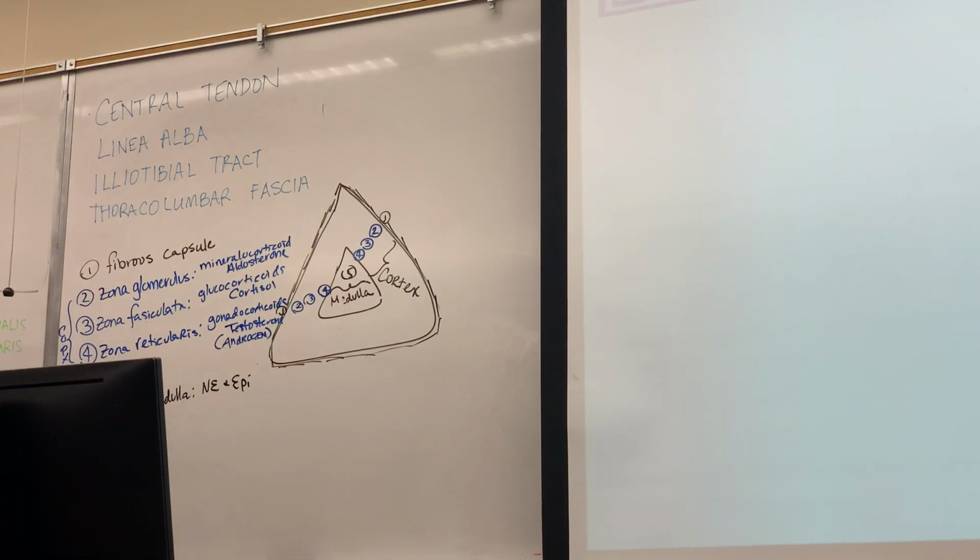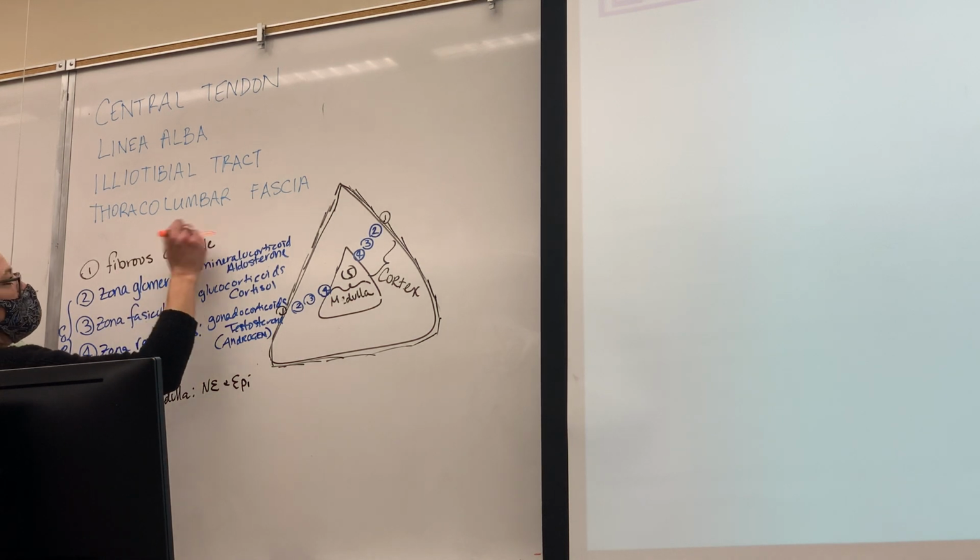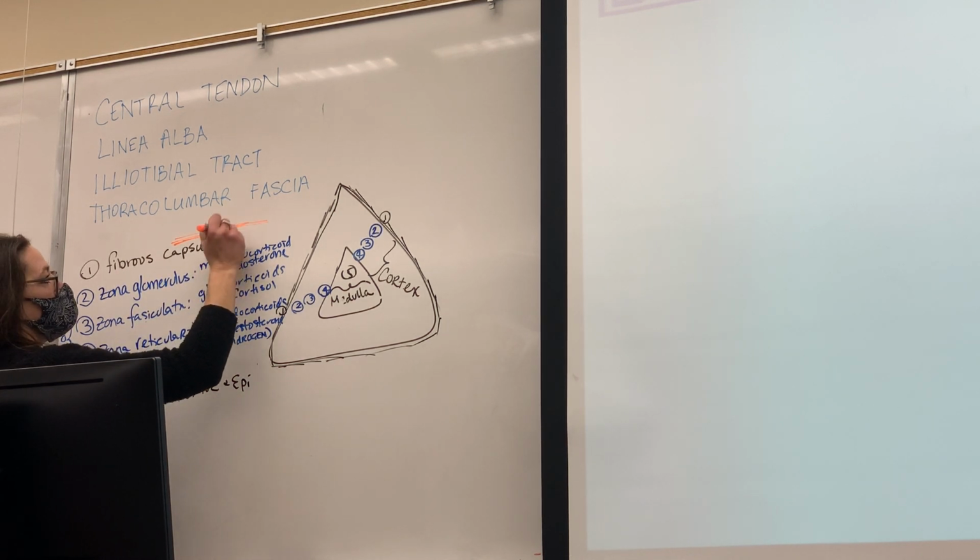Now, when we look at the cortex, okay, zona glomerulosa is going to be a fairly thin layer. So first let's do the fibrous capsule. Fibrous capsule, you'll just see fibers running like this, okay?